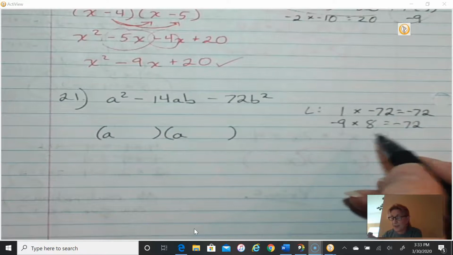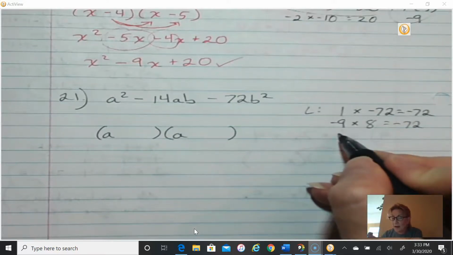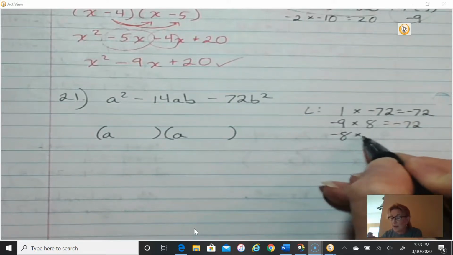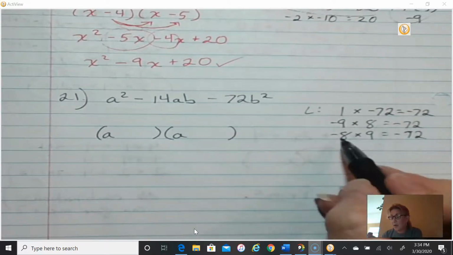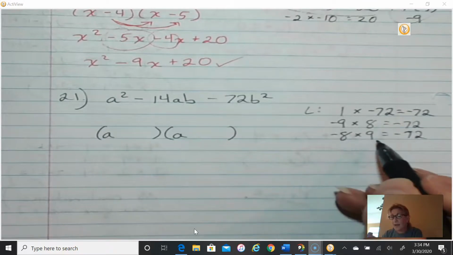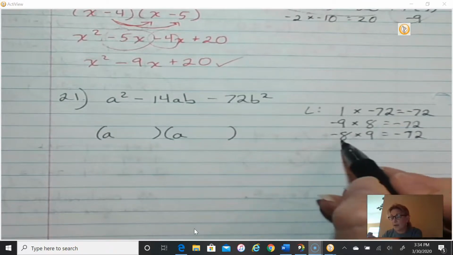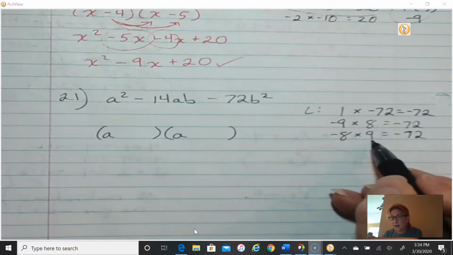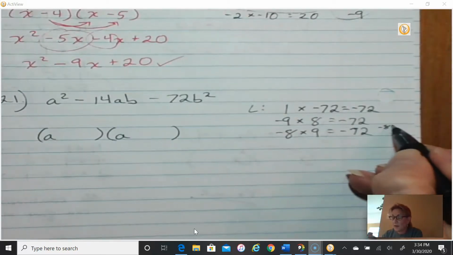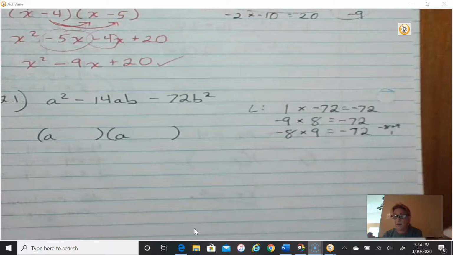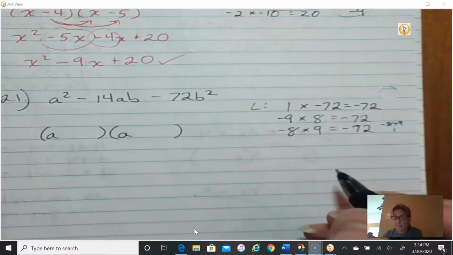All right? If I did negative 8 times positive 9, that's going to give me a negative 72. But when added, I get a positive 1, because negative 8 plus 9 gives a positive 1. We're looking for negative 14.